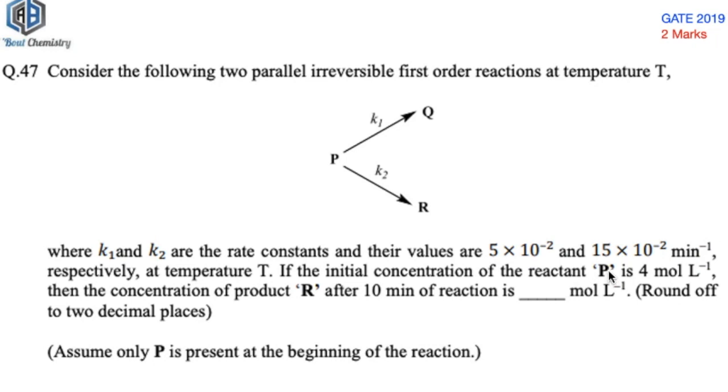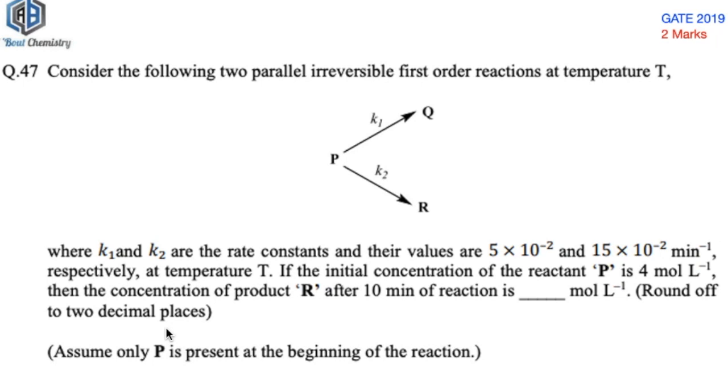If the initial concentration of reactant P is 4 moles per liter, and the concentration of product R after 10 minutes of the reaction is, so they are asking about the concentration of product R. Round off the answer up to 2 decimal places; that's what the GATE people usually do.